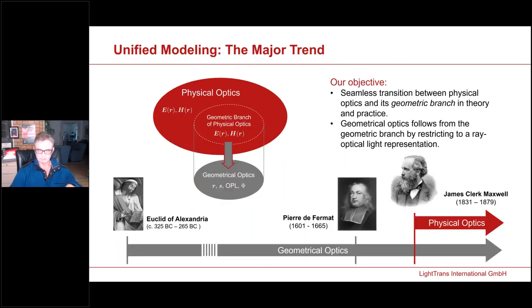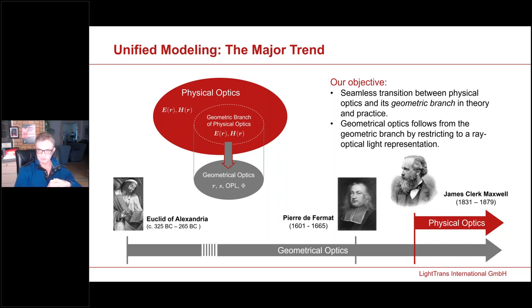So that is the situation. I feel that this is a major trend in the development to become fit for the demands we have in the optics and photonics community in the modeling and design part. Not to talk about all the other things, but the modeling and design part.